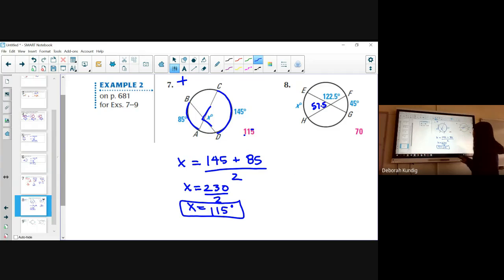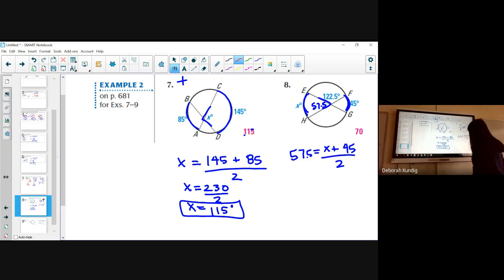So now I do have the angle with its arc and its vertical angle's arc. I just needed to use linear pair. So the angle now has a value, 57.5. The angle is equal to its arc plus its vertical angle's arc divided by 2.